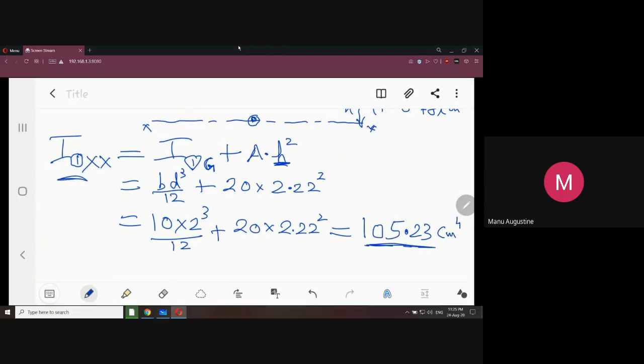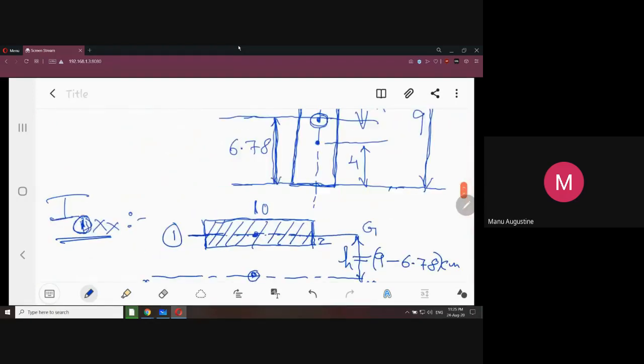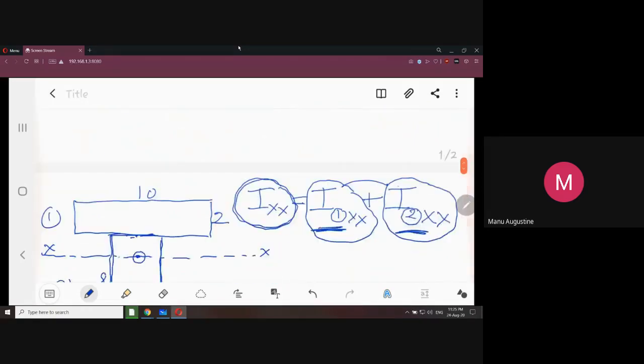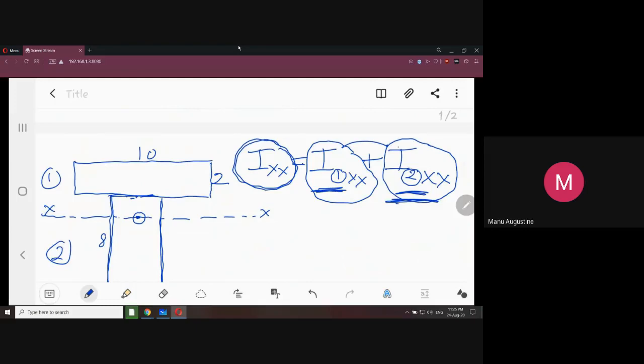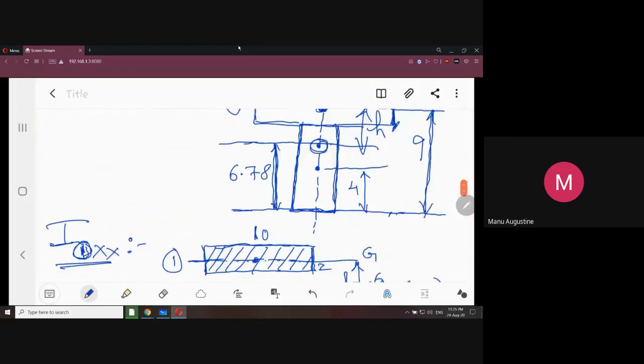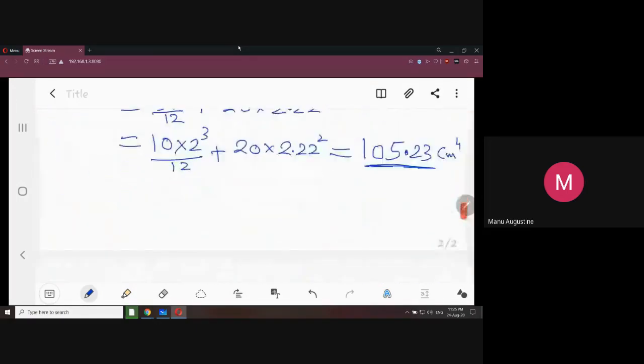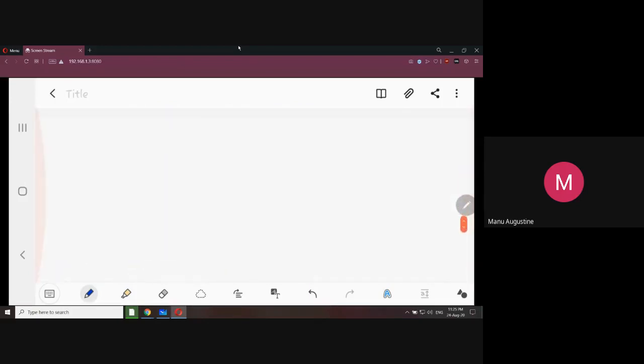So we have found out I1XX, and in order to find out IXX, we have to additionally find I2XX also. So let us follow the same procedure to find the value of I2XX. The meaning of I2XX is the inertia of the second area about XX axis.